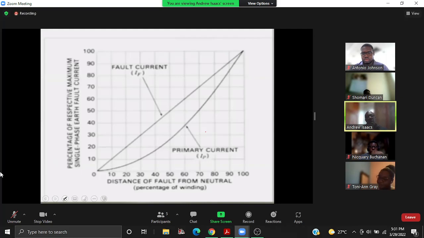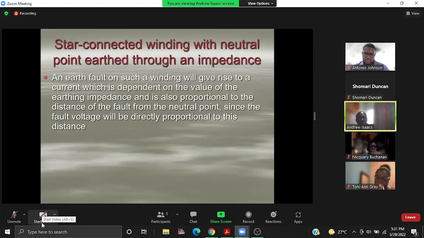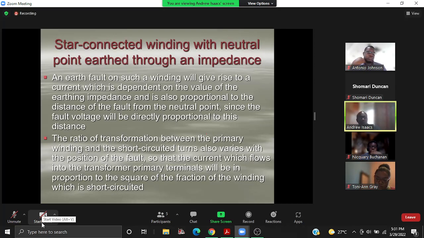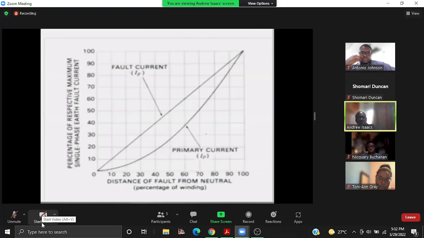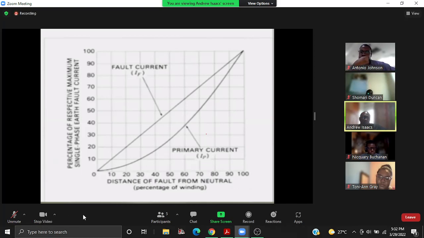All right. In terms of the information I gave you in that second bullet, regarding the primary current, that's what we are showing. So the distance of the fault from the neutral is not a one-to-one relationship, obviously.